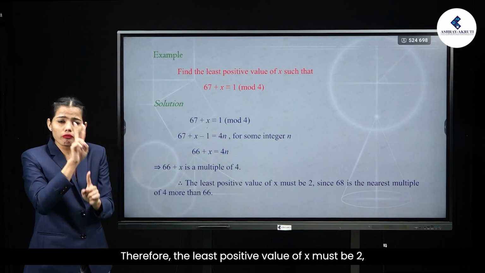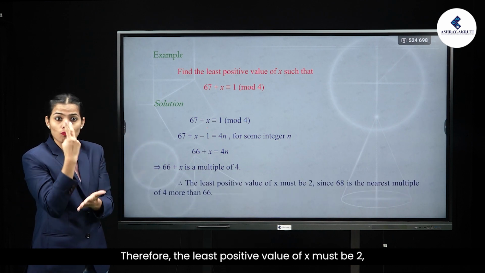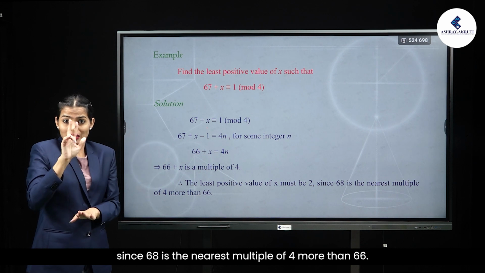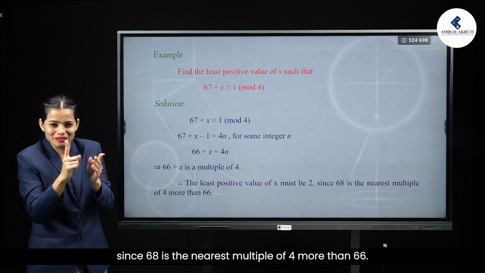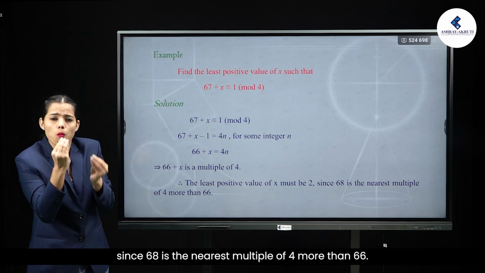Therefore, the least positive value of x must be 2, since 68 is the nearest multiple of 4 more than 66.